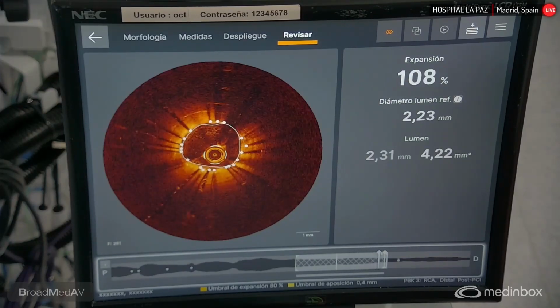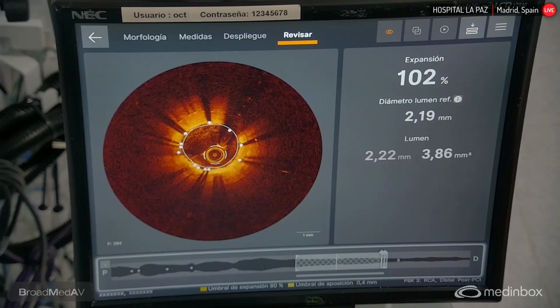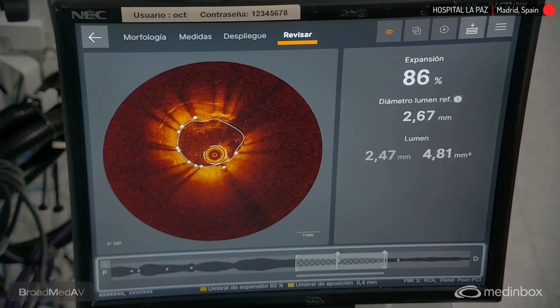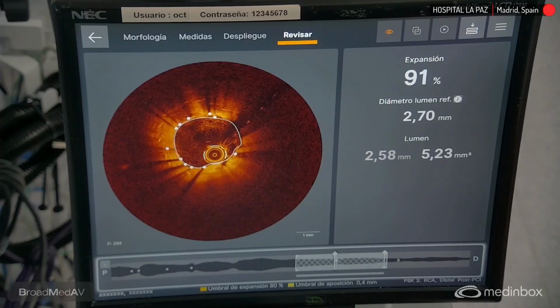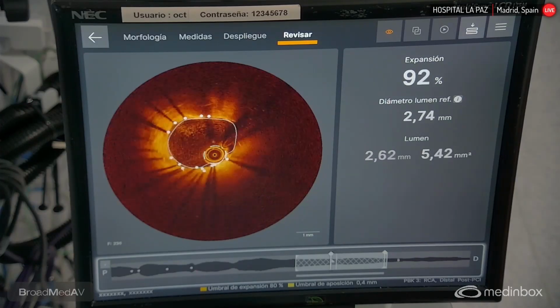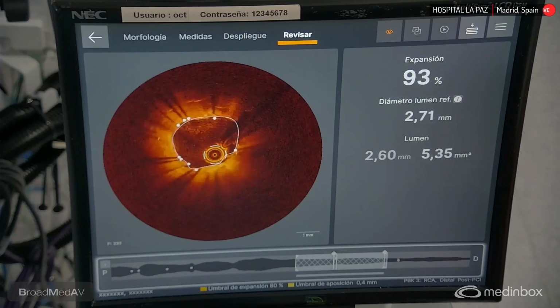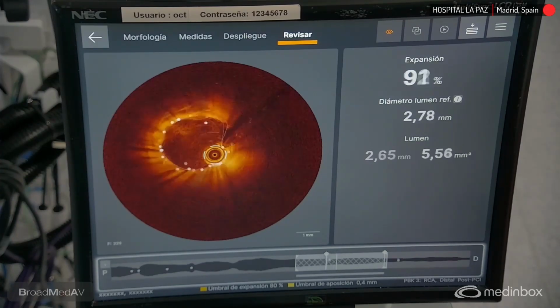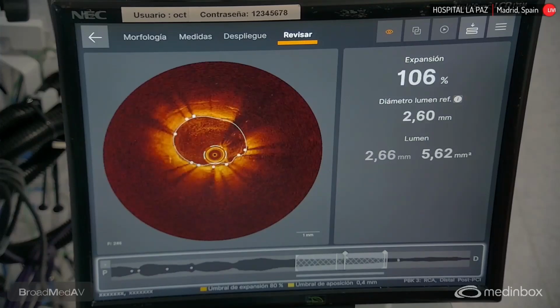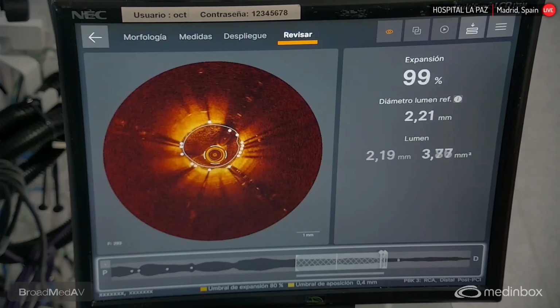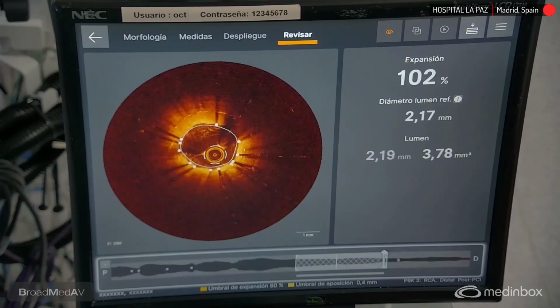And you can see the minimal stent area is not in the distal part, but in the mid part. It's below 4.8. As you know, by the OCT consensus, we should always obtain larger than 4.5.